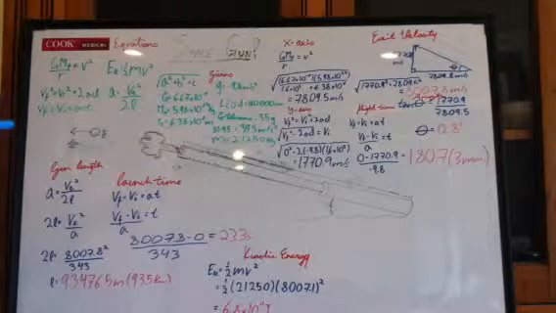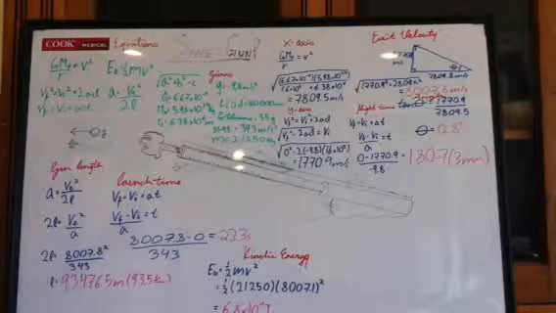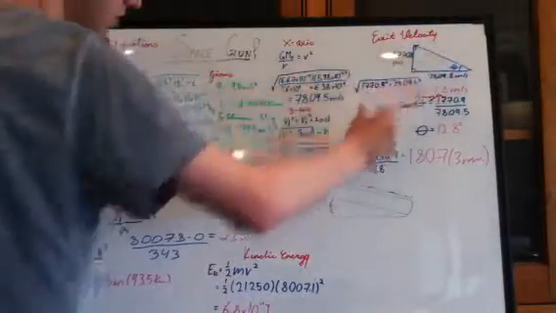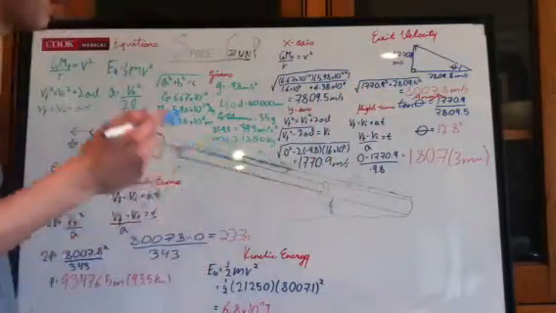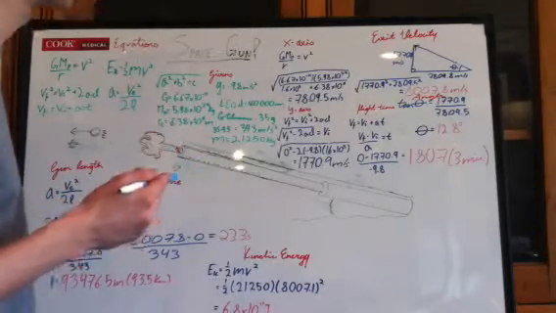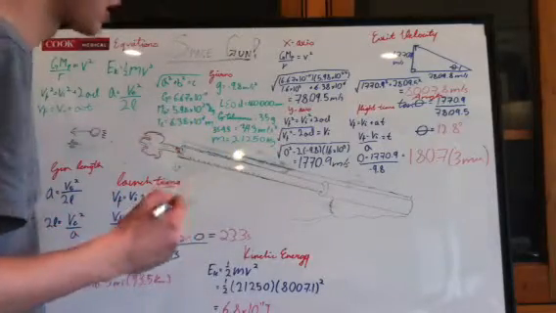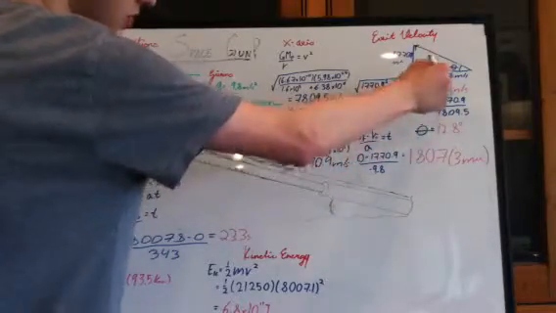Now, with both the x and y components, we can create a right triangle and find both the angle and the total velocity of our projectile as it leaves the gun. So we've made a triangle here with our components. We can use the Pythagorean theorem to figure out that our velocity needs to be 8,007.8 meters a second. We can also use trigonometry to figure out what angle our gun needs to be pointed at, which is tan opposite over adjacent.